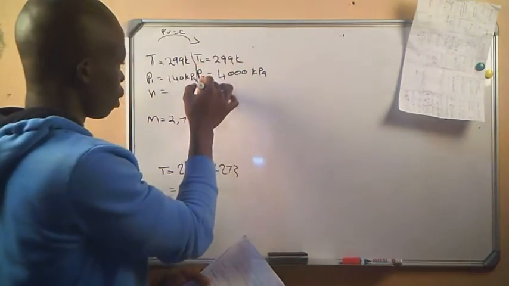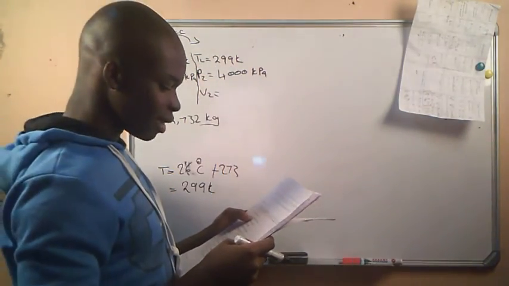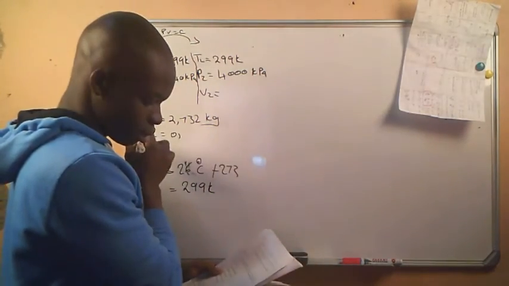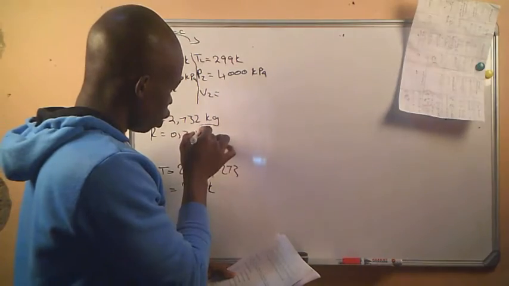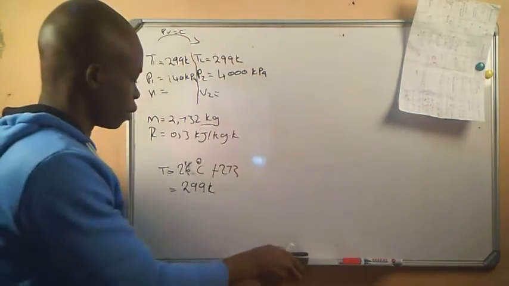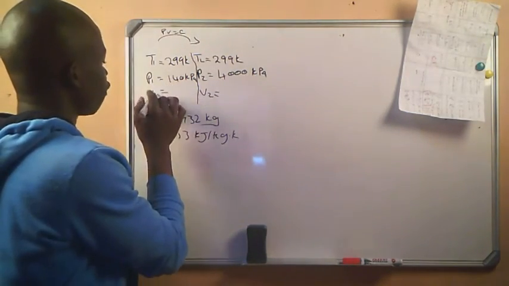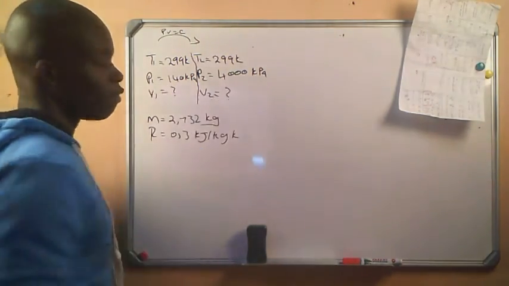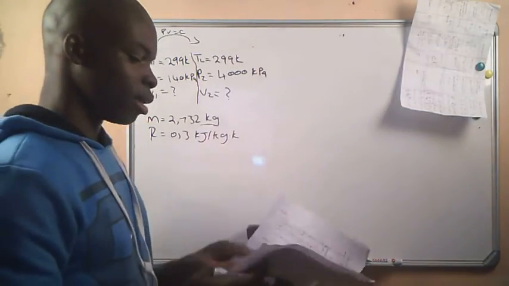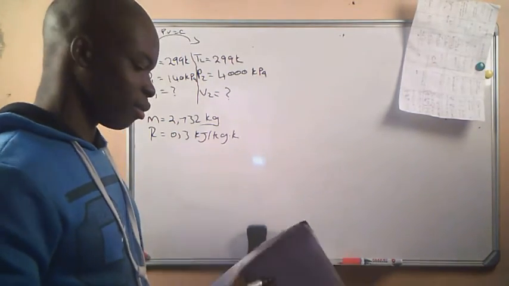Let me write a line. The gas constant for this gas, our R, is given as 0.3 kilojoules per kg Kelvin. And then we erase this. Now we do not have V1, we do not have V2. Then let's look at the question. What really is it that we are looking for?